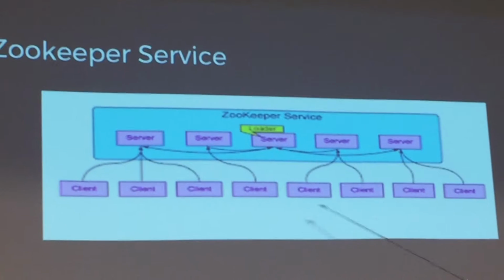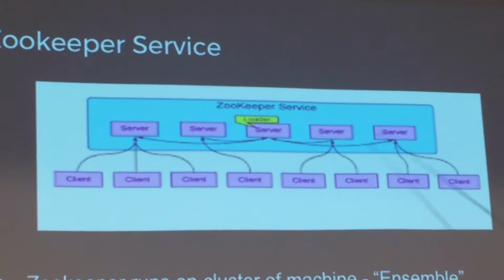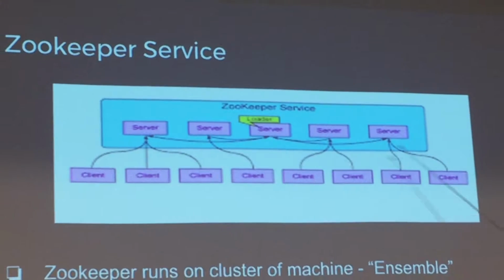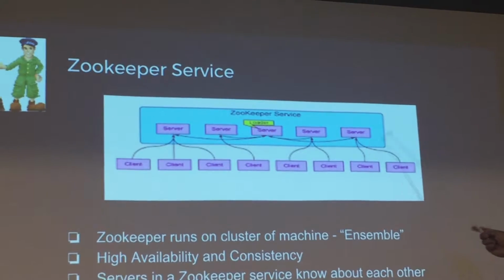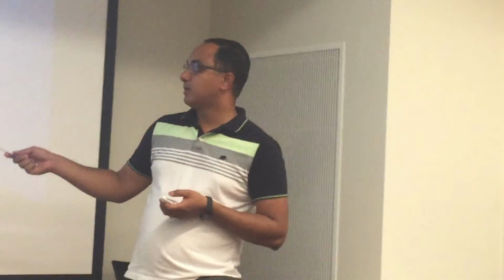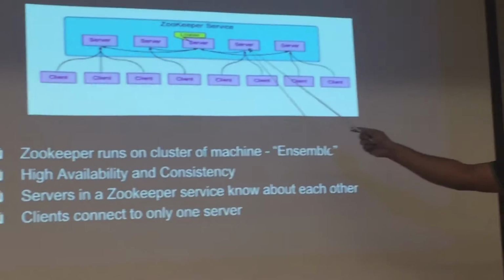All these are client machines, and they can connect to one of the servers, and everything is synchronized across Zookeeper. All the synchronization and locking will be managed by Zookeeper. That's why it provides high availability and consistency, and these servers know what each other is doing.